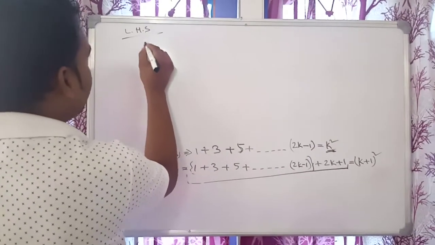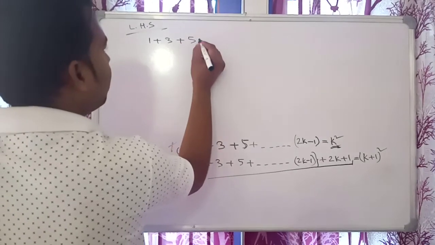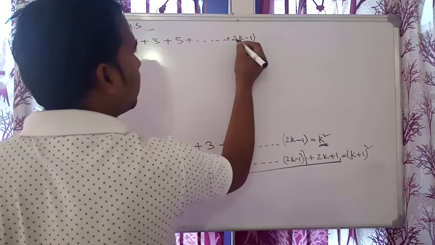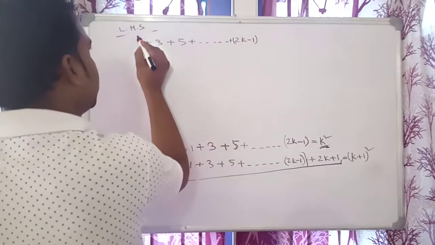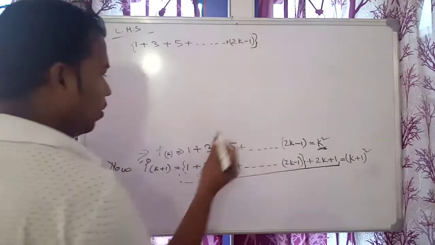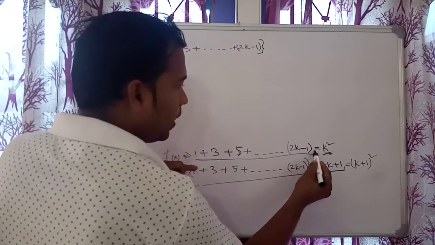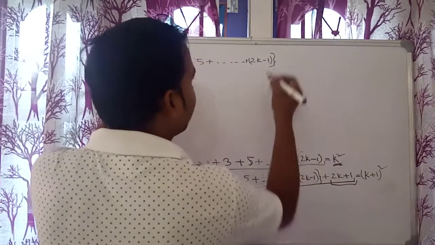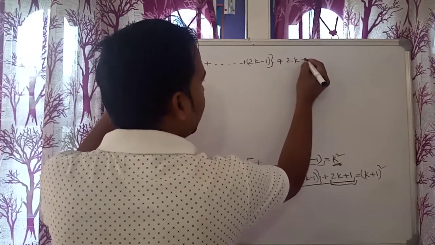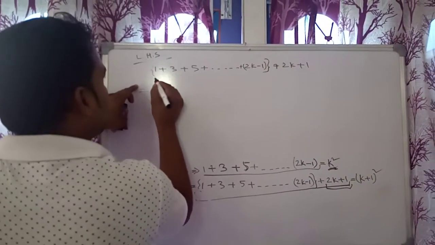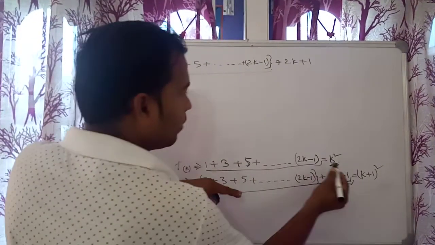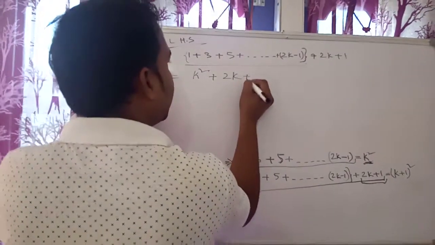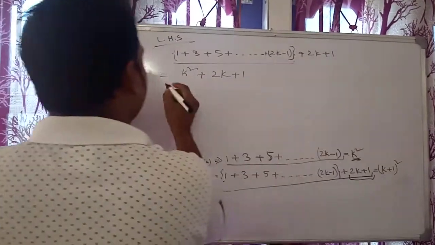Left hand side: 1 plus 3 plus 5 plus dot dot dot plus 2k minus 1, this part is equal to k square. Then the rest part is 2k plus 1. From here to here, this is equal to k square. Then put k square plus 2k plus 1.